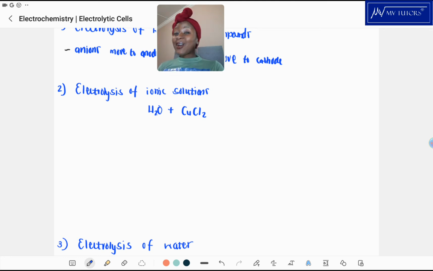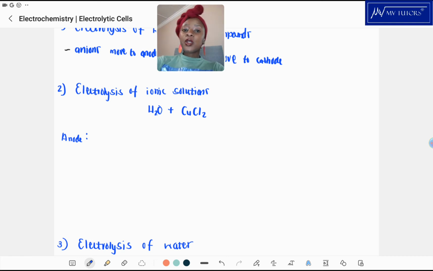And now you need to ask yourself, what are the rules that I need to adhere to, to make sure that I am reducing the correct thing and also oxidizing the correct thing. So basically, if we're going to talk about what happens at the anode, which anion is going to go to the anode.